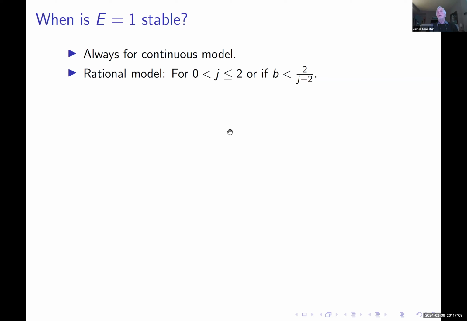For the exponential model, for any values of J, if B is too large, E equals 1 is not stable. So B would have to be less than this particular one. For the one where J is 1, you get that B has to be less than E squared minus 1, which I sort of find interesting.